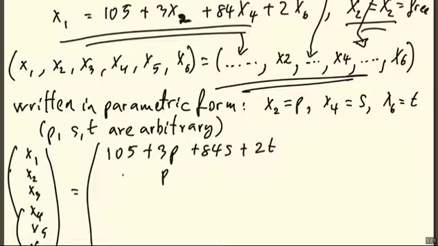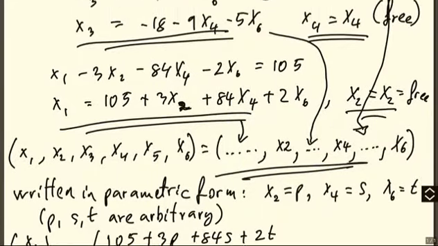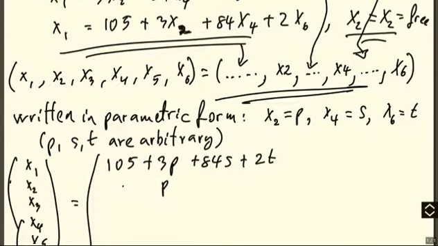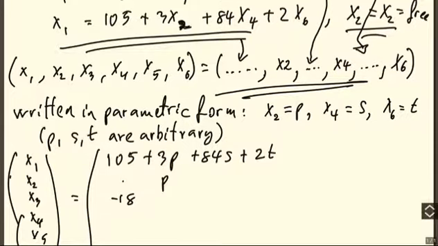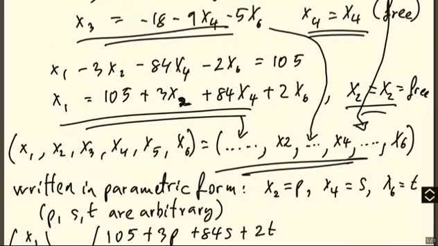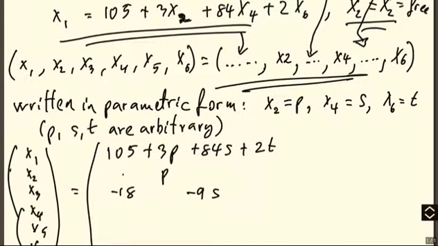For x3 we have a long solution, minus 18, minus 9x4, let me write it under the s since x4 is s, minus 9s, and minus 5t.